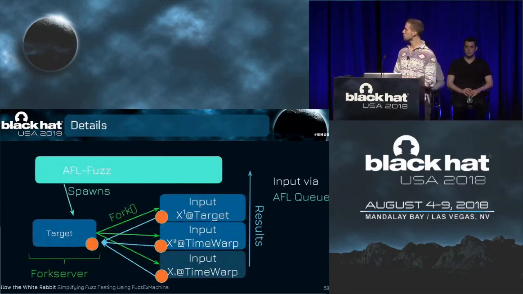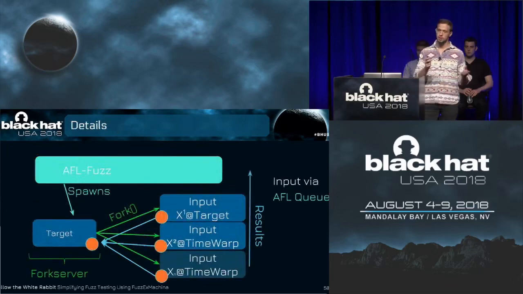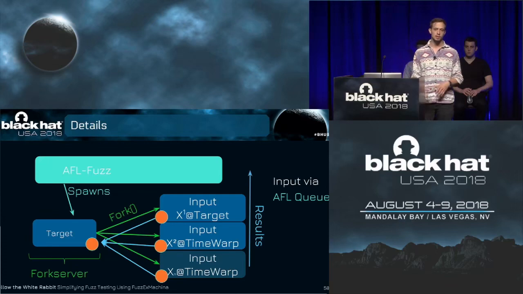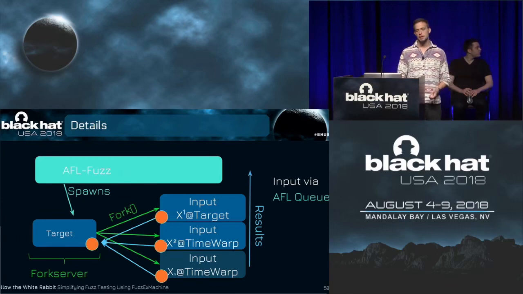So this is how AFL usually works, at least in fork server mode. AFL spawns its child, and the child, the instrumented child, then pauses at the very beginning and forks off for each new fuzz instance. That way you use copy-on-write, and it's a lot quicker than if you would restart the whole program every time.